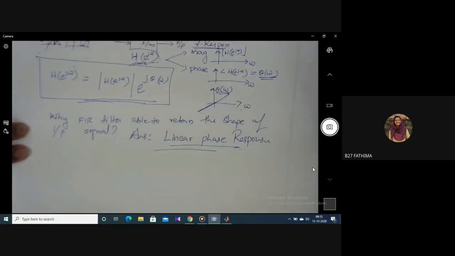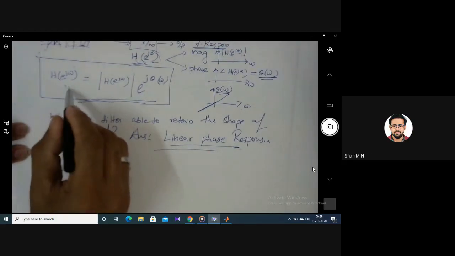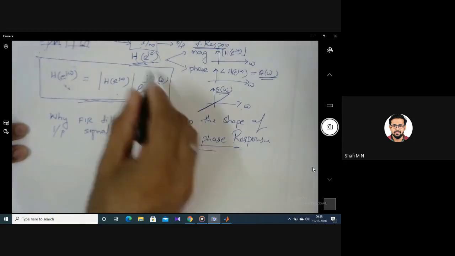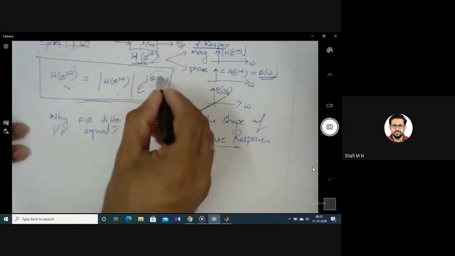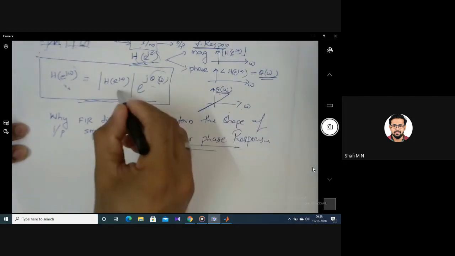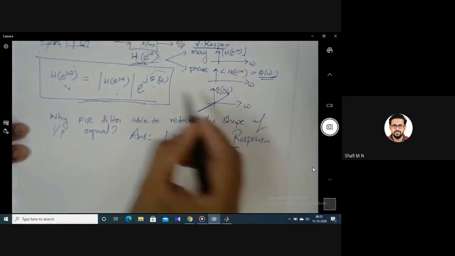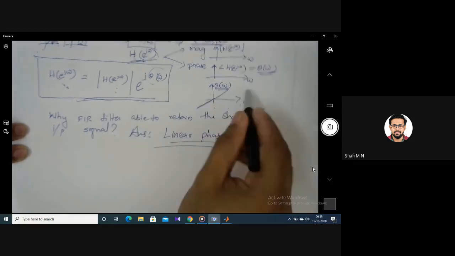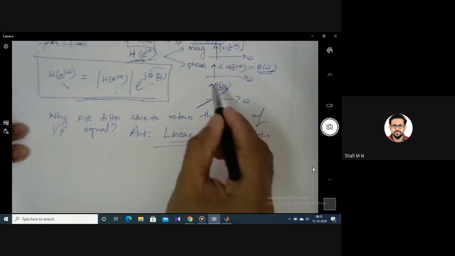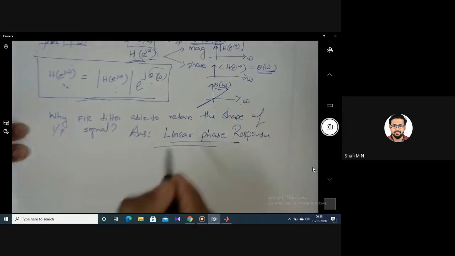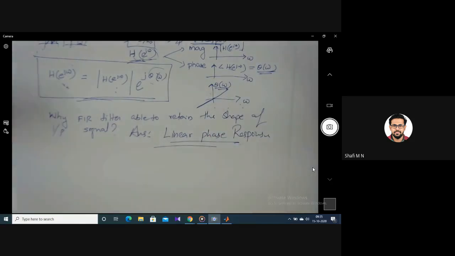Linear phase response. If you take the transfer function of your FIR filter and make the magnitude plot and phase plot, particularly on the phase plot you can see a straight line. The relation between omega and theta of omega is linear. That's why it is able to retain the shape, and we commonly call it a linear phase FIR filter.